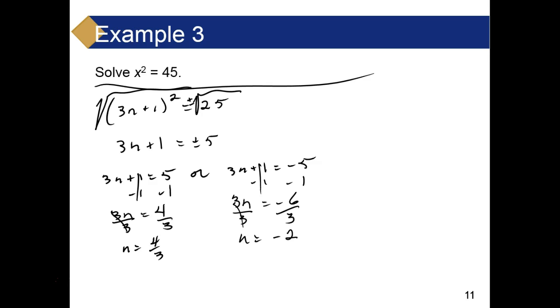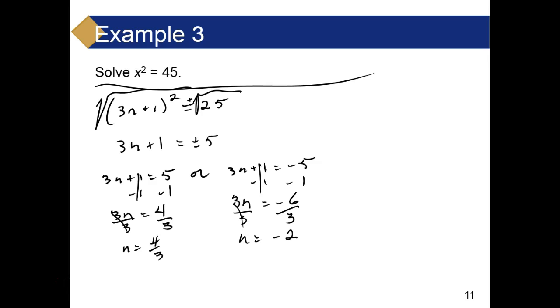I know y'all want to check this, don't you? Sure you do, okay? All right. The original equation without the square roots in there, like the plus or minus in there. Okay. 3 times 4/3. What's that?